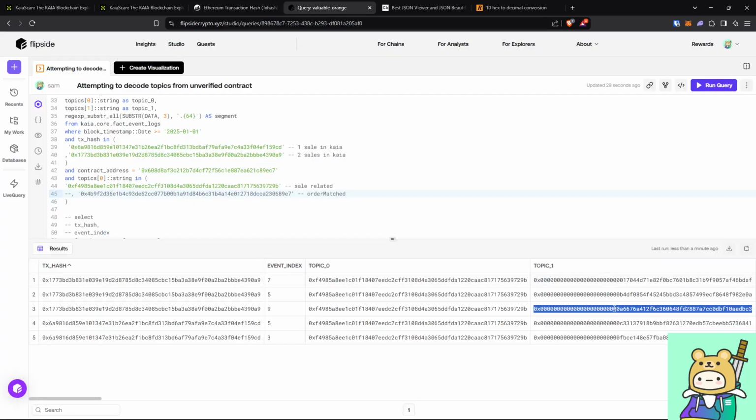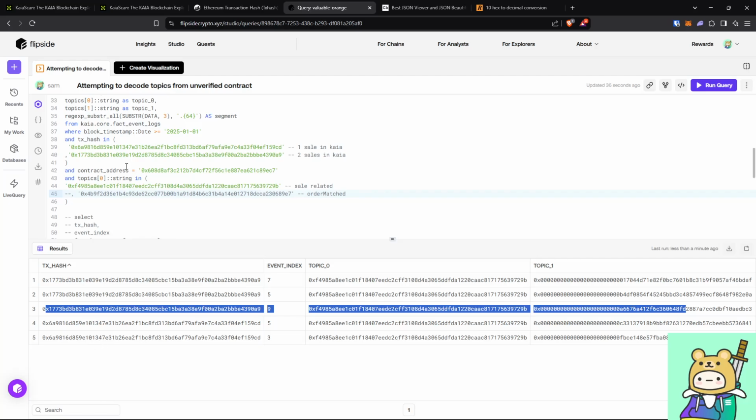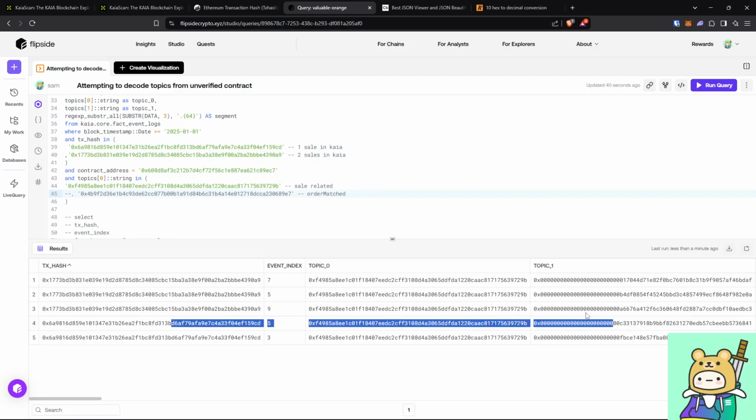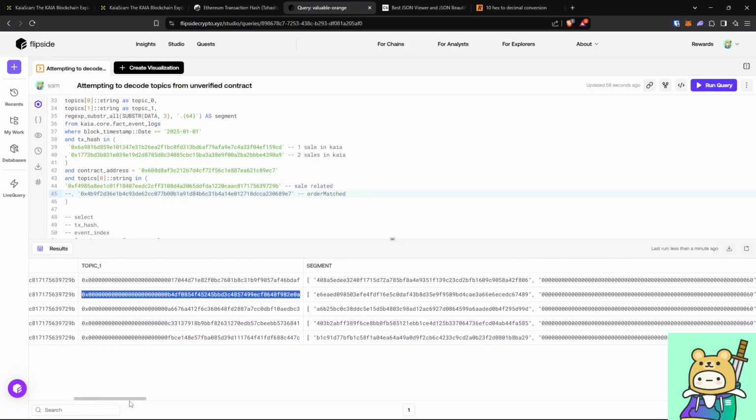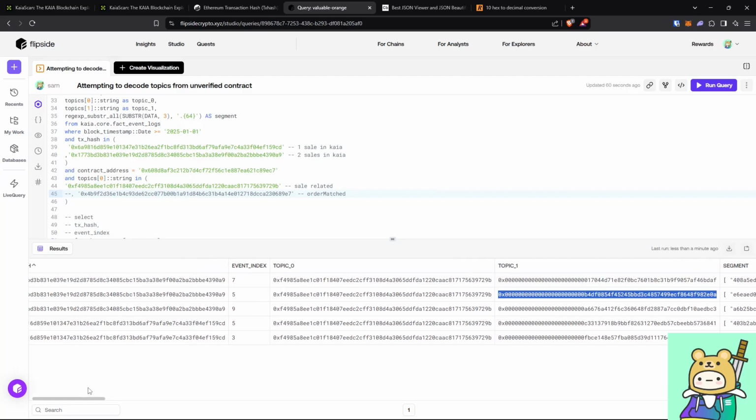So buyer is A667, this, and the buyer for the first transaction is C33. So these are the 2 events that we want to look at. Interesting that the second transaction has 3 separate events. Maybe because there are 2 NFTs, right?